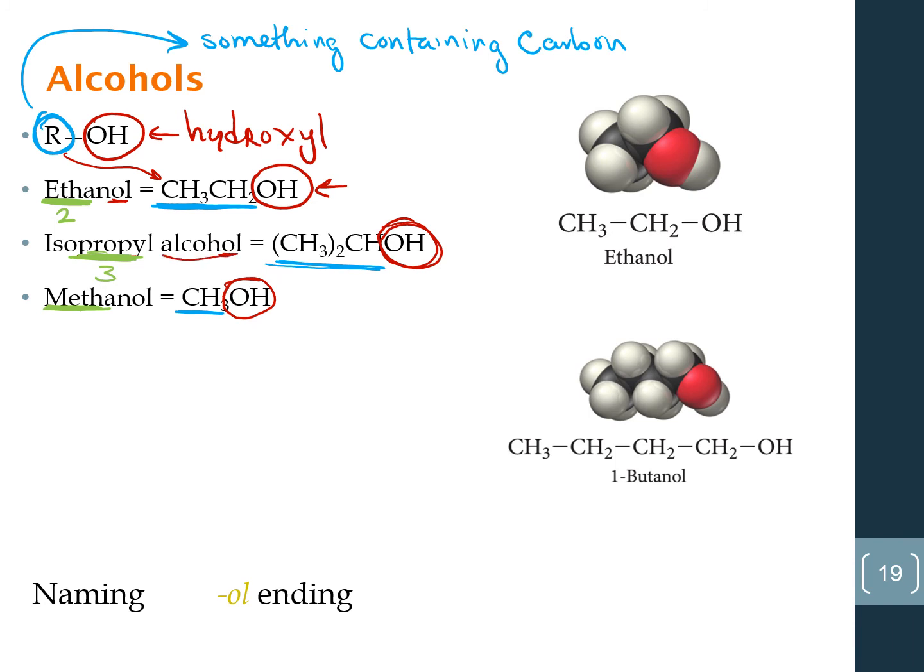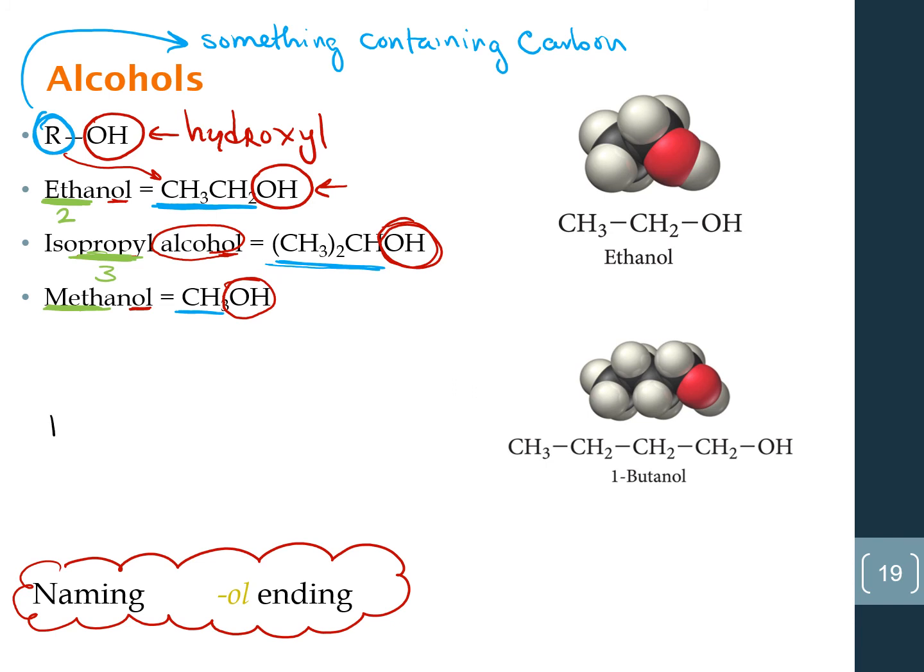Well, this name is telling you, when you have alcohols, look right here. The name ends in OL, like alcohol. So if you have just the name, I'm not giving you a formula, just the name, hexanol.